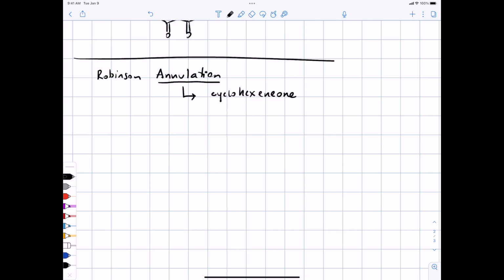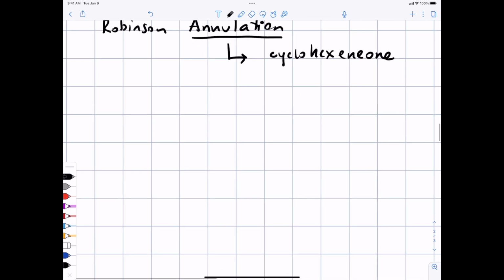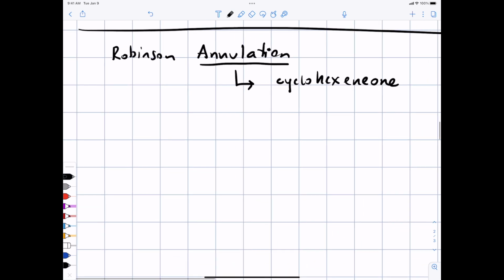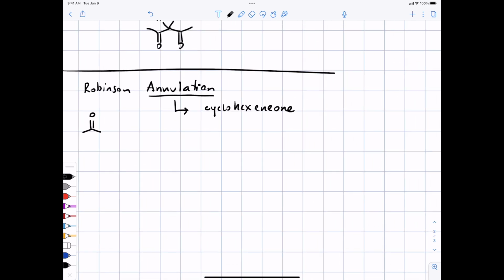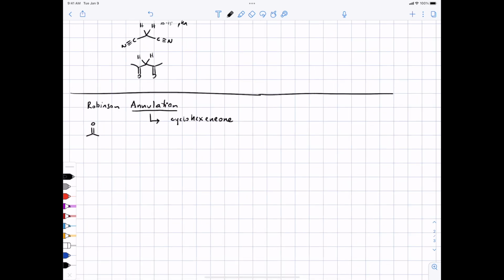I'll show you how this works. I will point out that one of the most challenging things about the Robinson annulation is that these are basically equilibrating conditions, very much like the aldol.